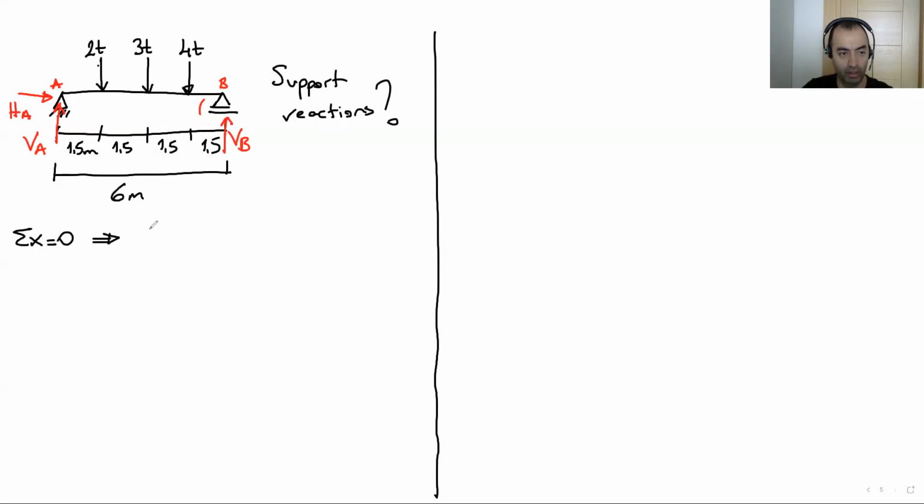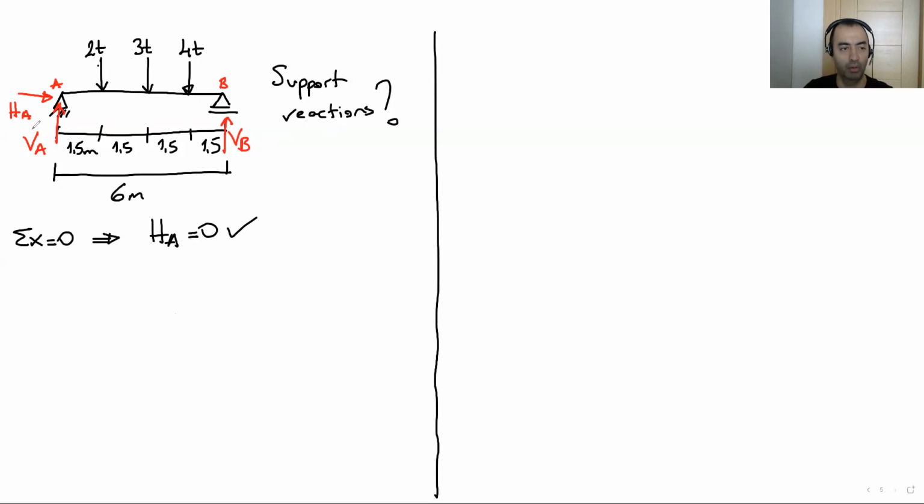What I have here in the positive direction, HA here. Anything else on the beam? No, there is nothing. So HA equals 0 here. Okay, we know this one.